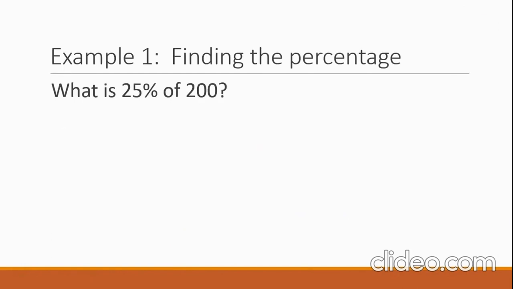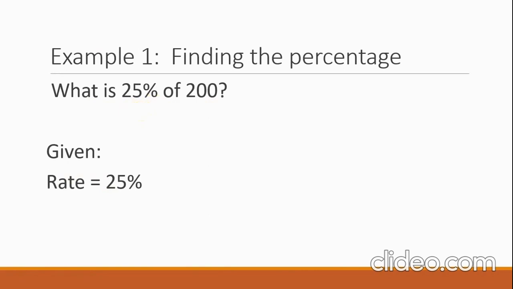Example 1. For finding the percentage, problems will come to you like this. What is 25% of 200? First, let us list the given. The immediate given that we can write is the rate because of the percent sign of the number 25.